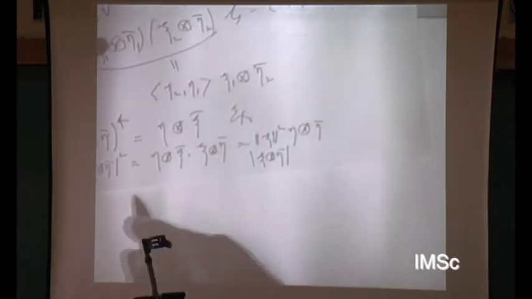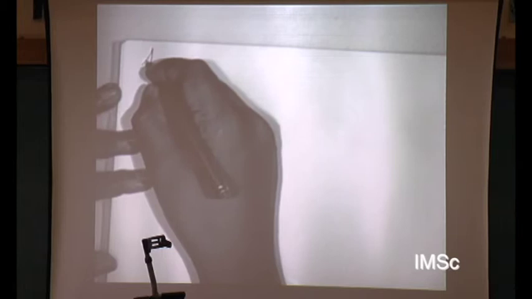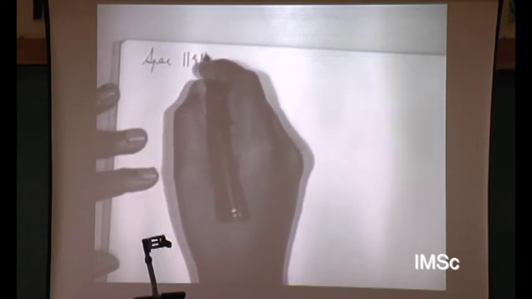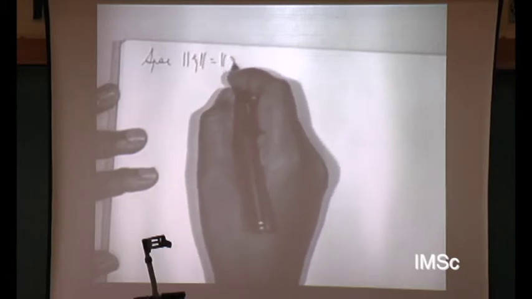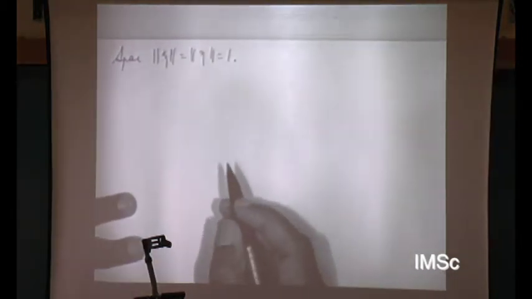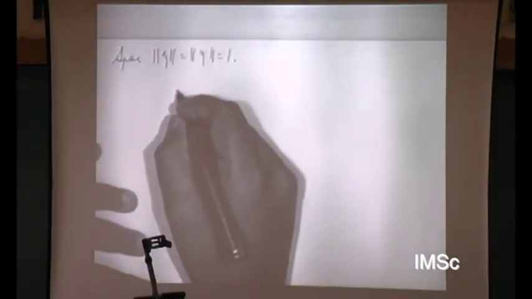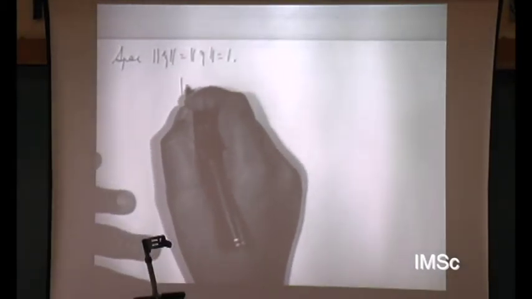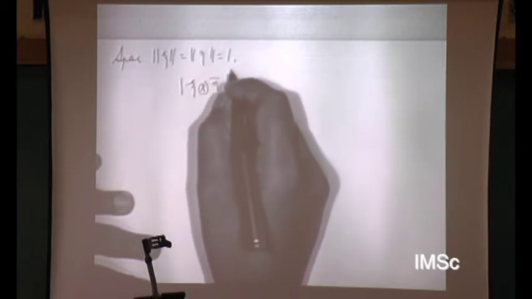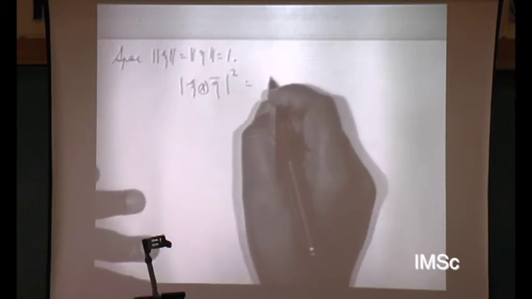I want to find the positive square root. So let me make things easy on myself. Suppose norm psi equals norm eta equals 1. Then your multiplication rule will tell you that modulus of psi tensor eta bar squared equals eta tensor eta bar.